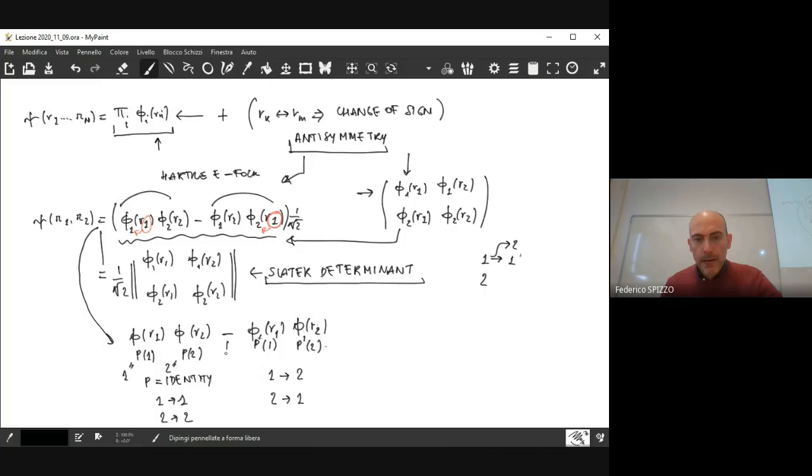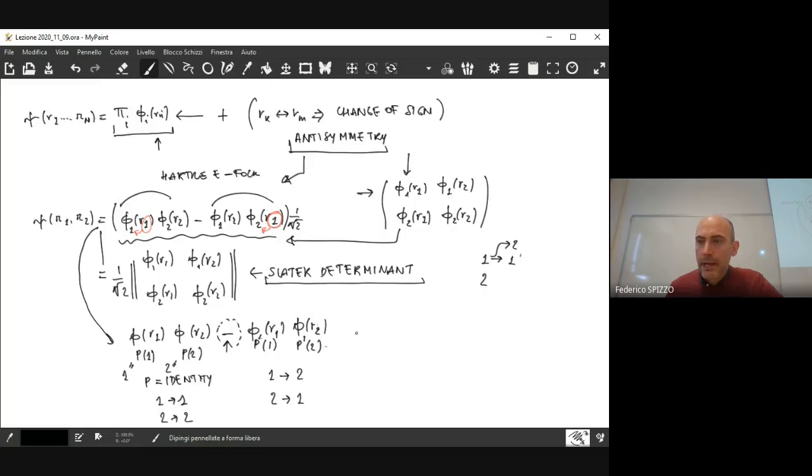And what about the minus sign here? The first permutation, 1 to 1, 2 to 2, is an even permutation. So we may associate a sign to that permutation that is positive. Differently, this permutation is odd, so we may associate to that permutation a minus sign. So the minus sign here can be associated to the sign of the permutation.